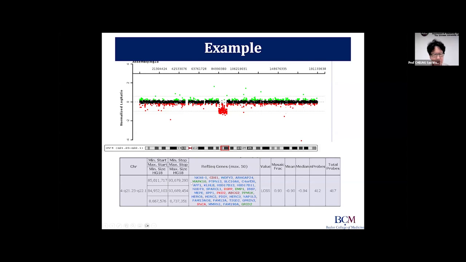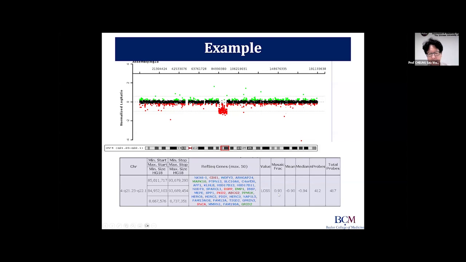So that's why we have two different locations. In here it is at least 8.66, 8.67 megabase deletion, and potentially as big as 8.7. And here are all the genes that are involved.